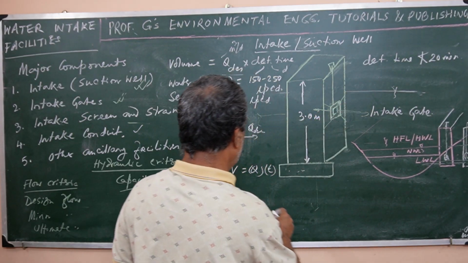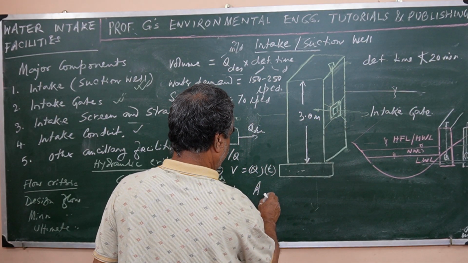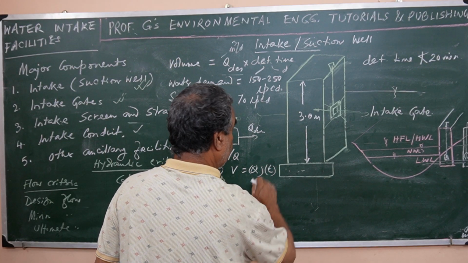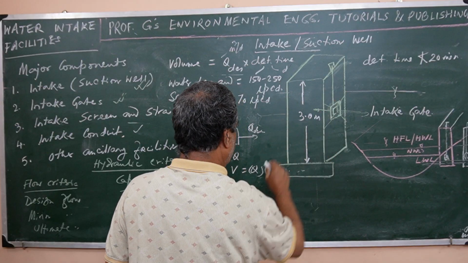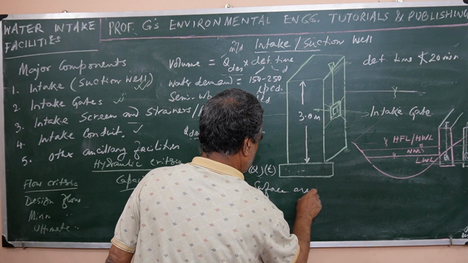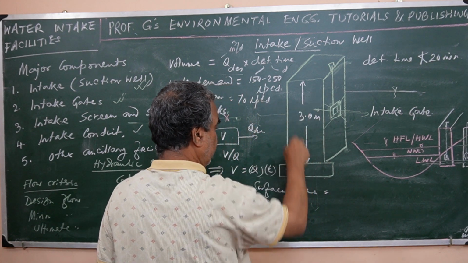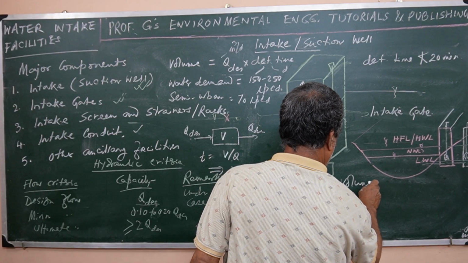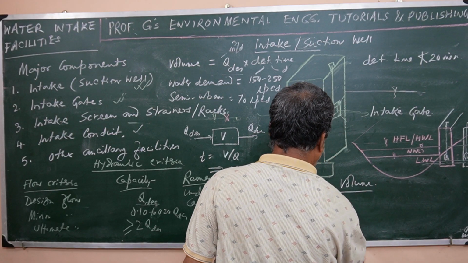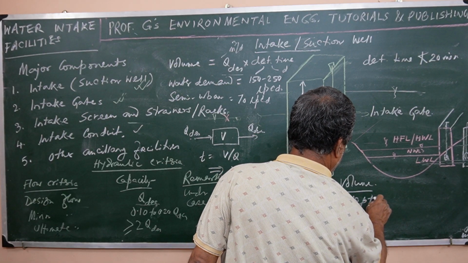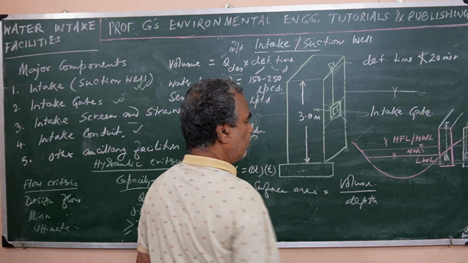The surface area, or the cross-sectional area of the intake, would be the volume divided by the depth of water inside the intake well.